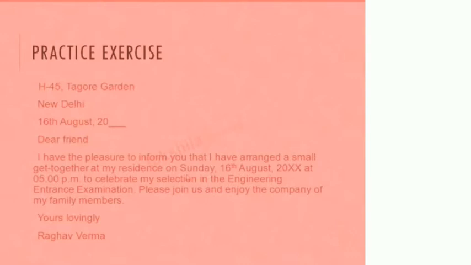Here we can put a full stop, or we can avoid full stops and commas. Then 26th August, comma, 20, then a dash. We can put a dash, or we can put a double X. Then, on the next line close to the margin, the salutation: it begins with Dear and then Friend.